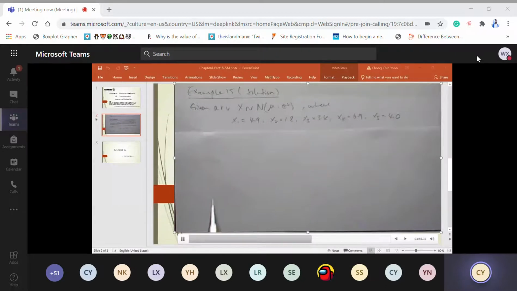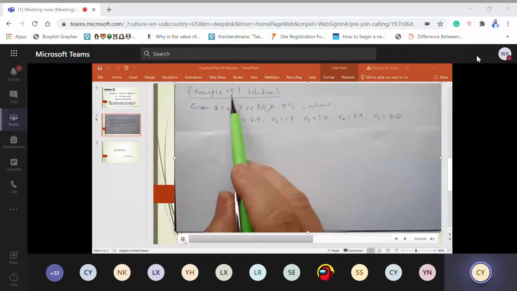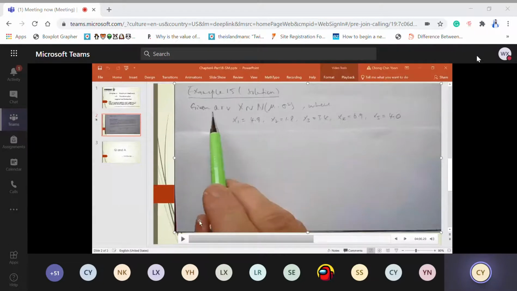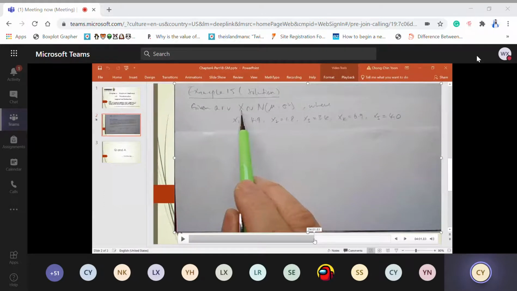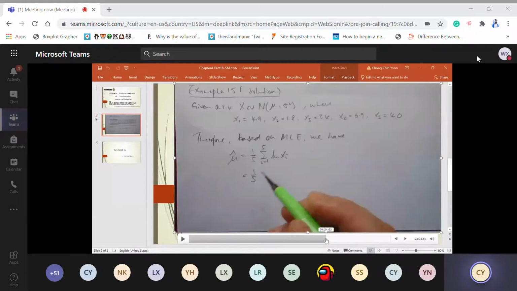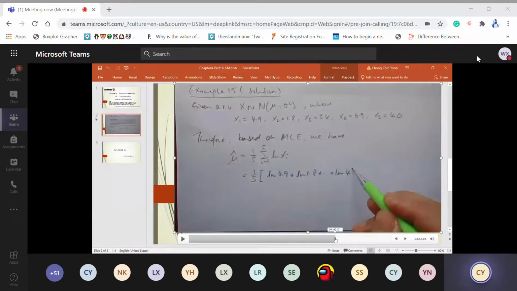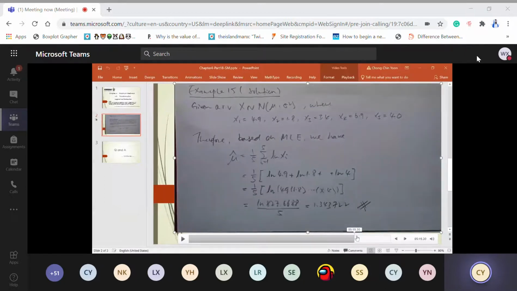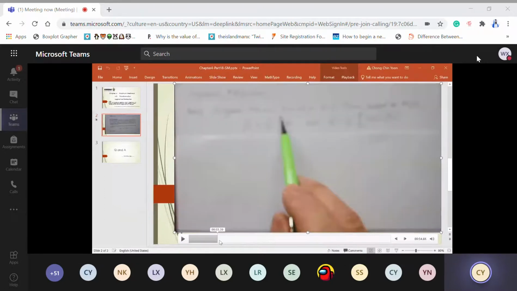Solution for example 15. I skip some steps here. We want to calculate the mu and the sigma, so very simple, you just use the formula. So this is the answer for the mu. Let me look at the question first.